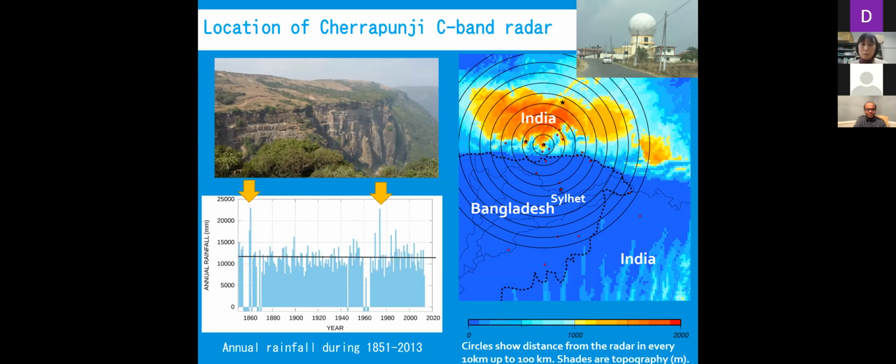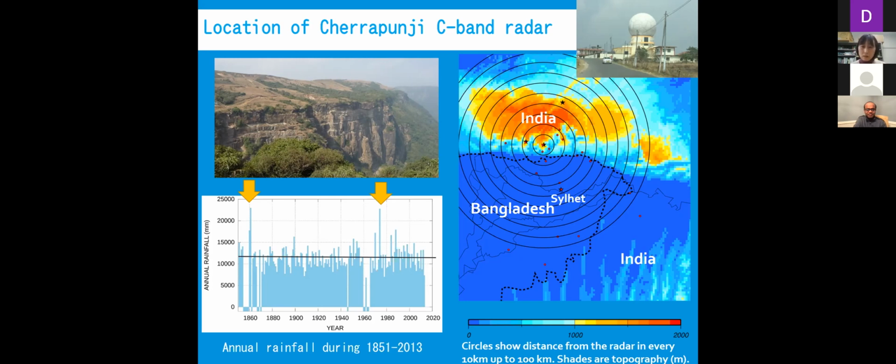The southern slope of the Meghalaya Plateau is known as a heavy rainfall place. The rainfall is fully orographic. The scenery of the place has steep cliffs and deep valleys, as you can see in the top left photo of this slide.